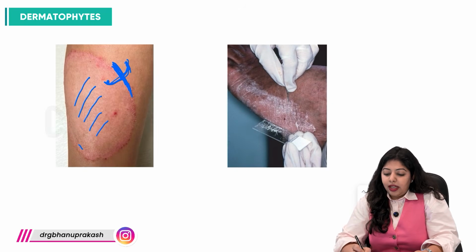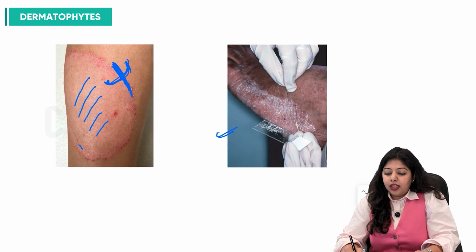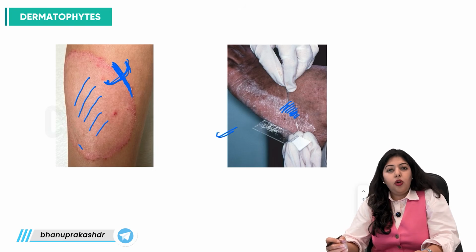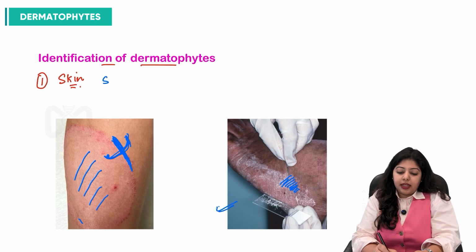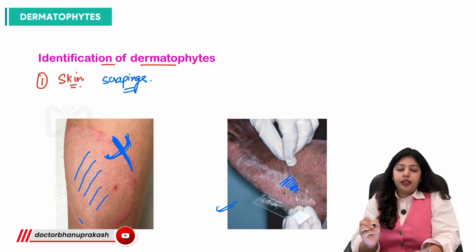In this particular image, you have a slide, right? And the person is taking the sample, he's scraping the skin, right? So one sample is just skin scraping, or in certain situations where you do not get skin scrapings, we can also prefer skin biopsies, right? So firstly, we need skin scrapings, right?